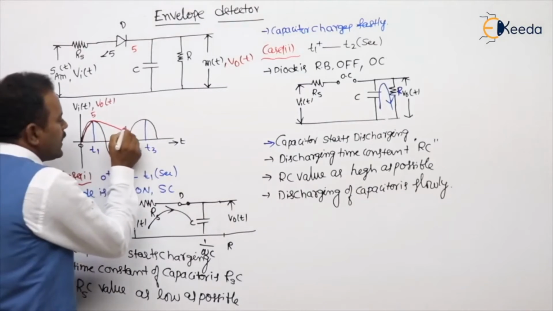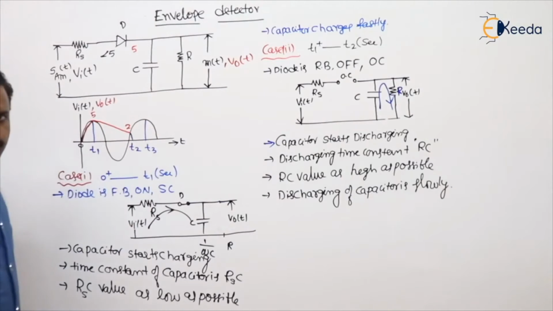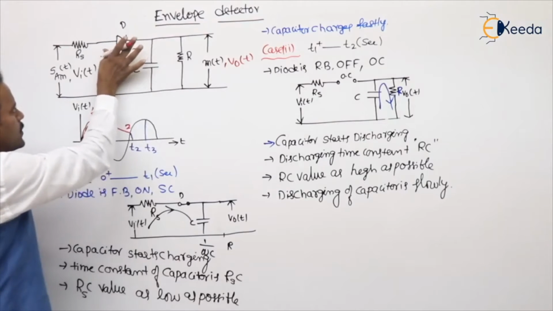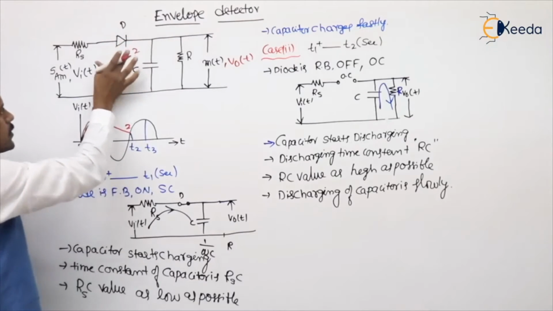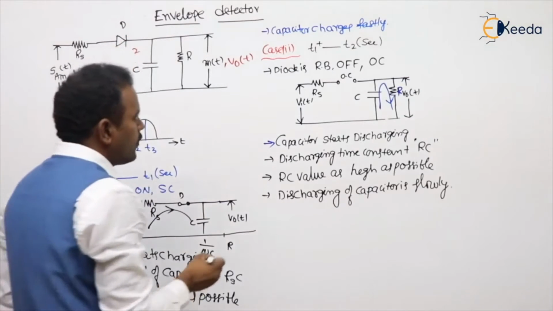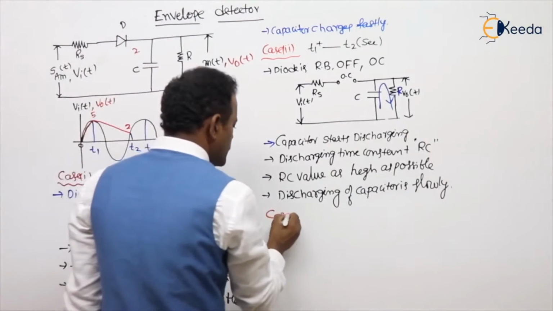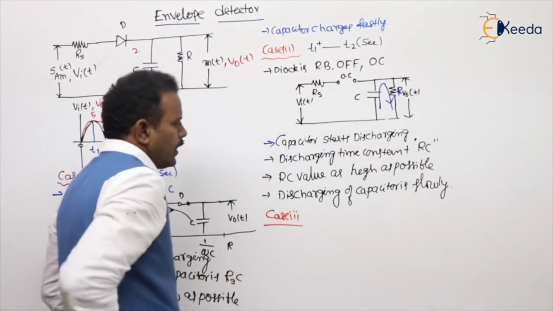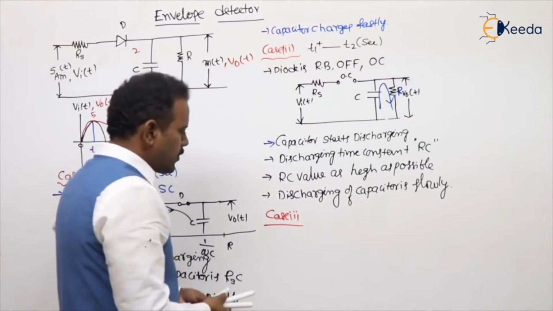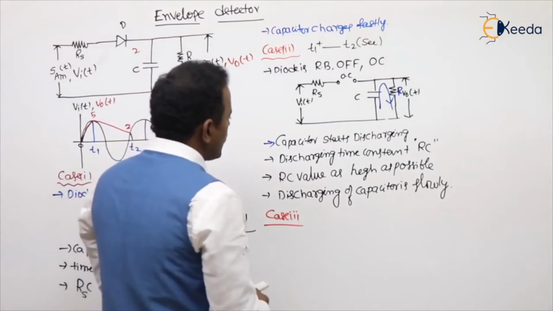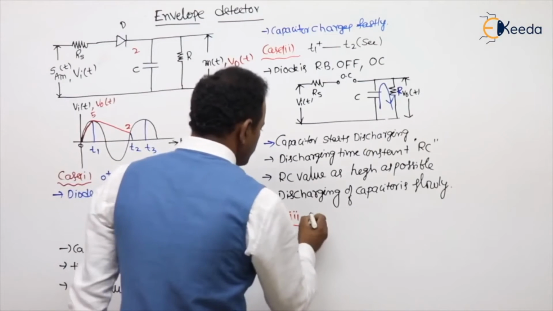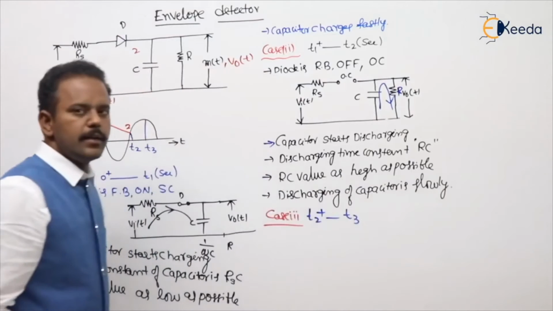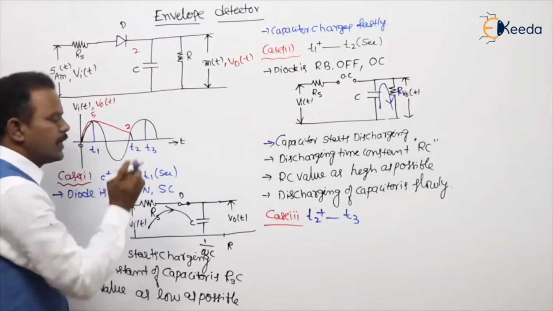For example, we are at a point of 2 volt. Now the capacitor is at 2 volt. Now see the positive terminal of the diode. Now we are analyzing case 3. Case 3, we are analyzing from where to where, sir? Case 3 we are analyzing from T2 plus up to T3. From here to here.